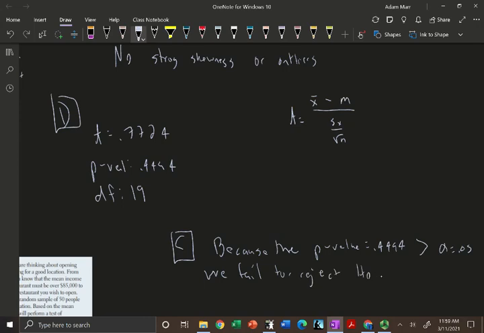Okay, the p-value is high, we fail to reject H sub 0. If the p-value is low, we reject it. All right, and then we're going to say we do not have convincing evidence that the true mean hardness of these tablets is different than 11.5.